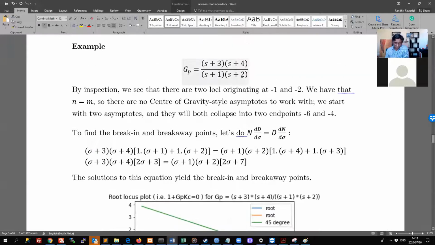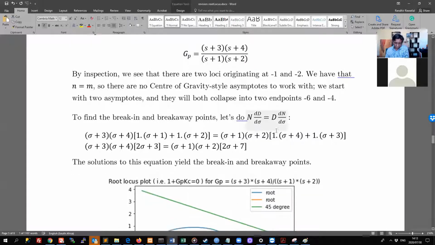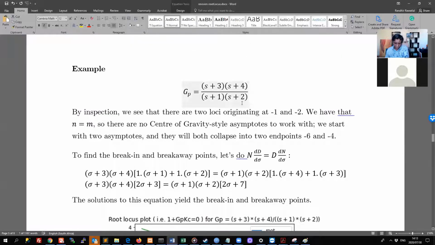And so if you take an expression like this, I did it the longhand way, n times d dashed and d times n dashed. So if you take your n, the numerator here, you can see I'm writing the numerator in terms of the real part of s, and then multiplied by the derivative of the denominator.